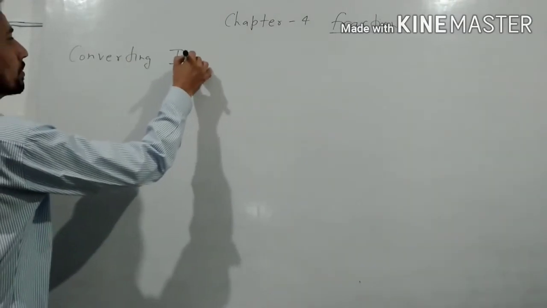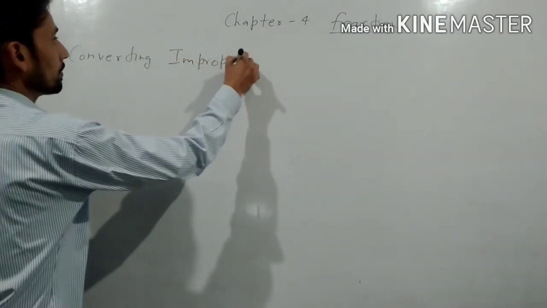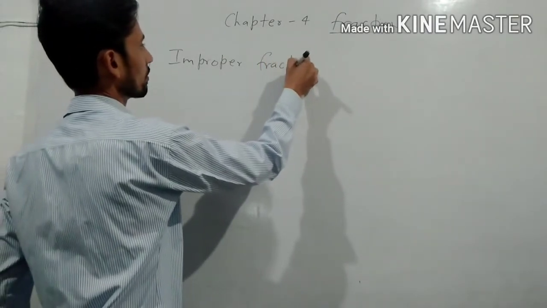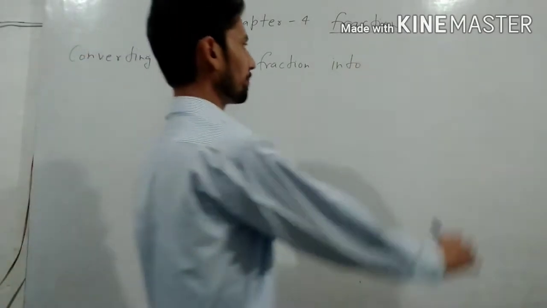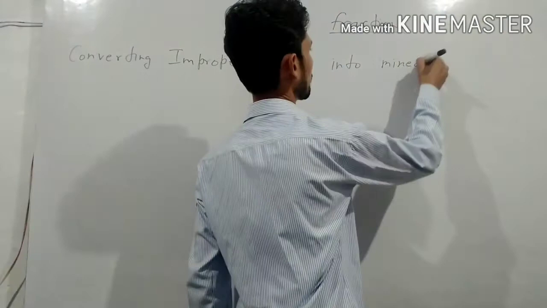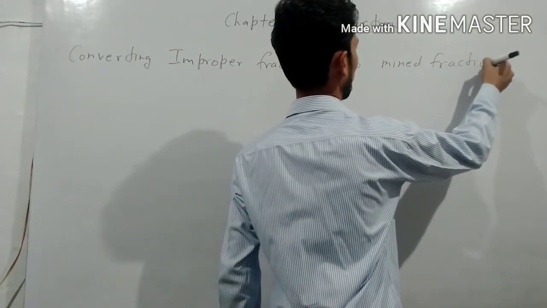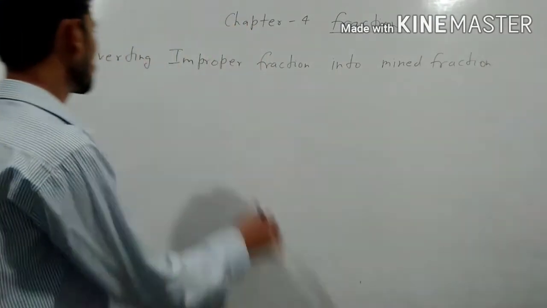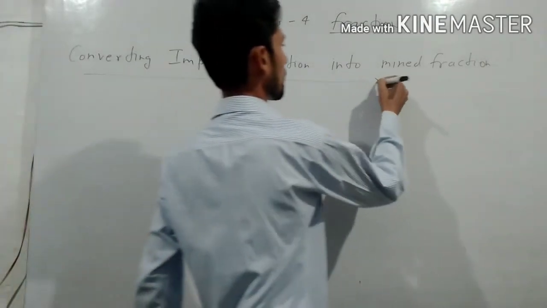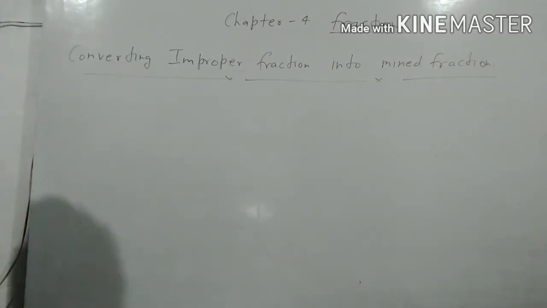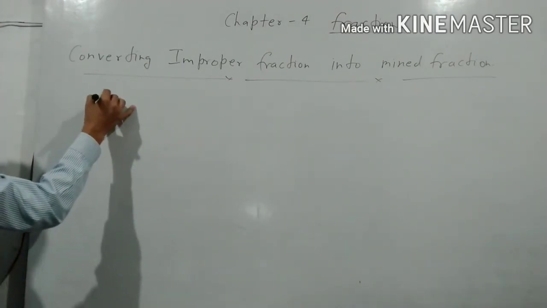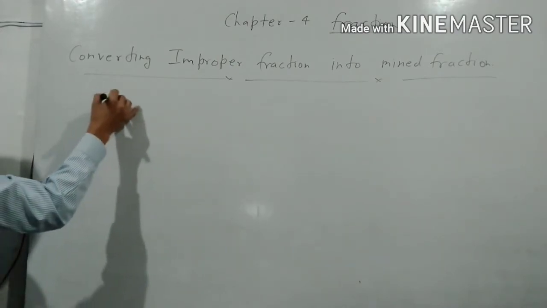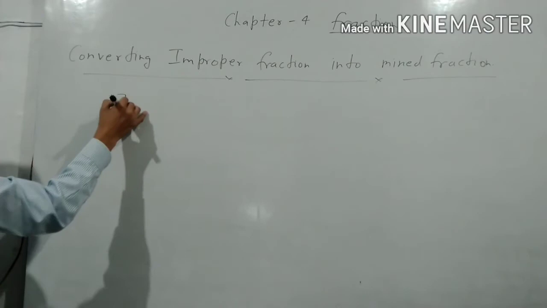Converting an improper fraction into a mixed fraction. For example, there is 7 upon 2.